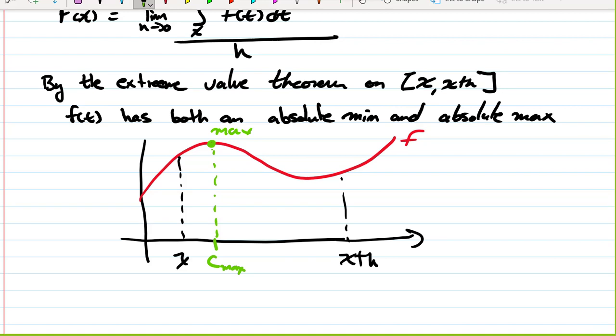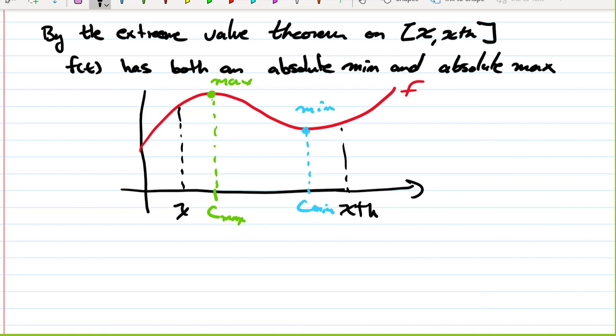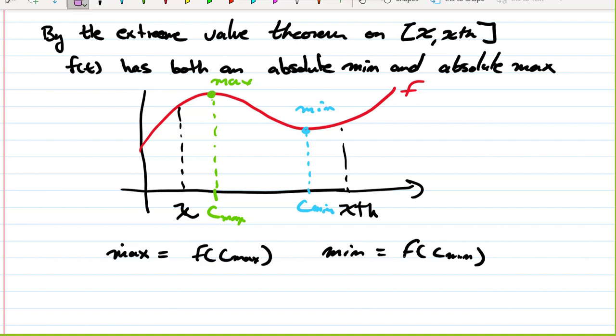And then here we're going to have a min, and we're going to have C min. And we know that the max is going to be at f of C max, and the min is going to be at f of C min. So C min and C max are in between the values of x and x plus h by the extreme value theorem.